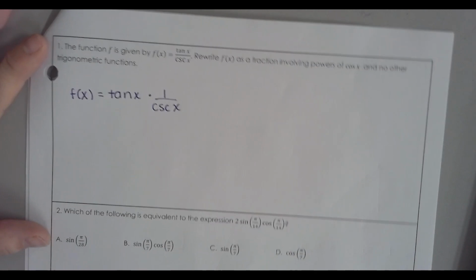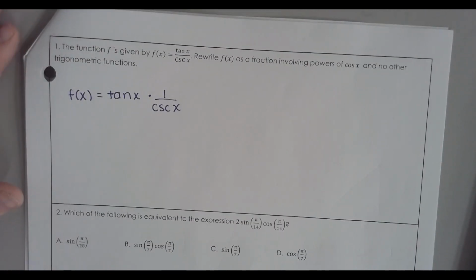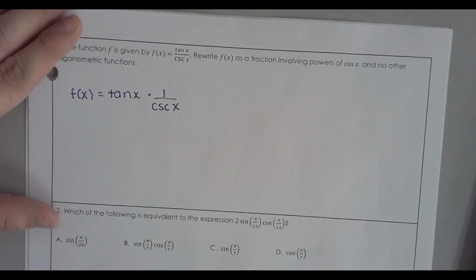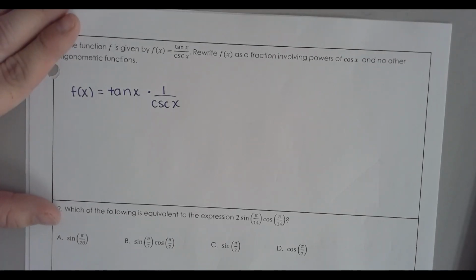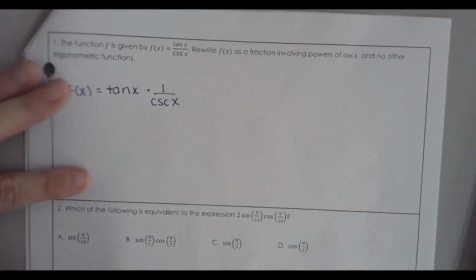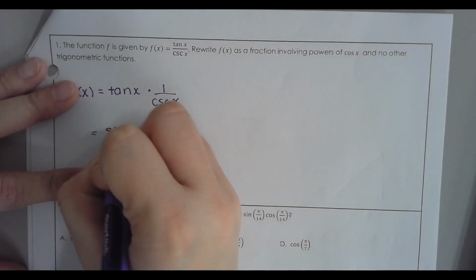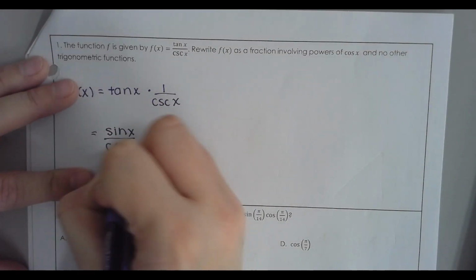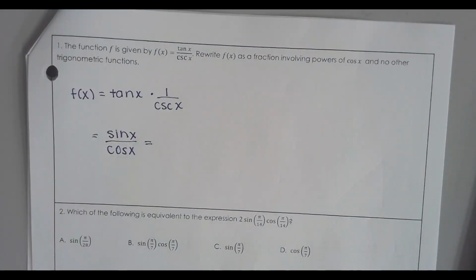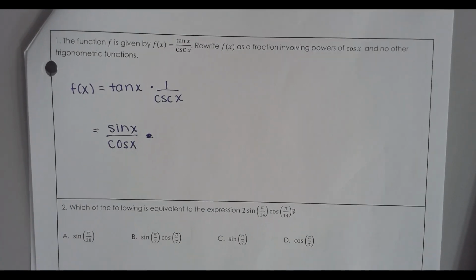Now, what do we know about tangent? It's sine over cosine. So we can rewrite this as sine x over cosine x. Okay.